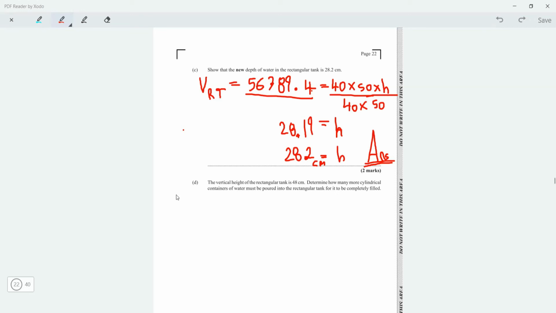So now, what's the maximum amount of water that can be held in the rectangular tank? I'm going to write out V max. V max is how much water can be held in the full size of the tank. So V max is going to be the length 40 times the width 50 times the height 48.